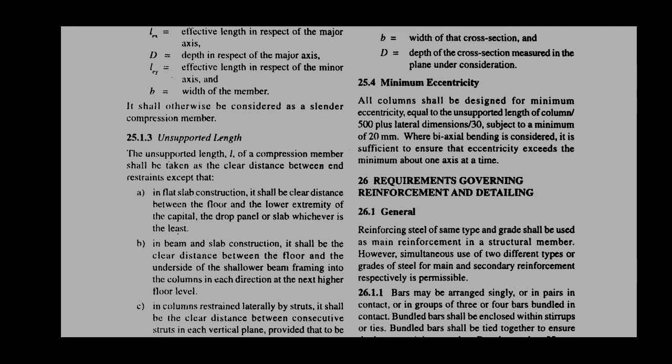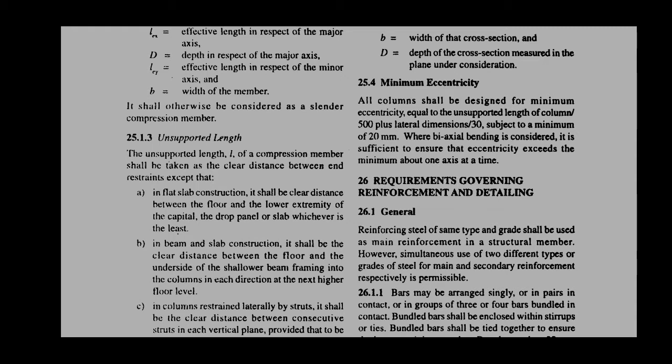Where biaxial bending is considered, it is sufficient to ensure that eccentricity exceeds the minimum about one axis at a time. Whatever is written about minimum eccentricity is formulated in our notes. After reading all considerations of IS 456, we will see the formulated format. That is L by 500 plus D by 30 greater or equal to 20 mm.